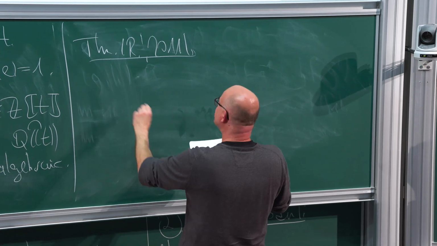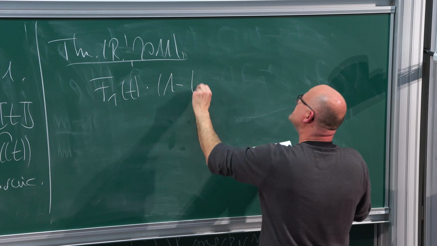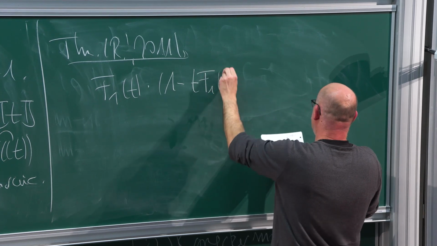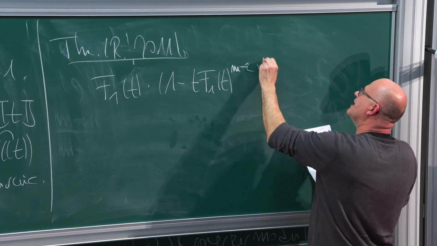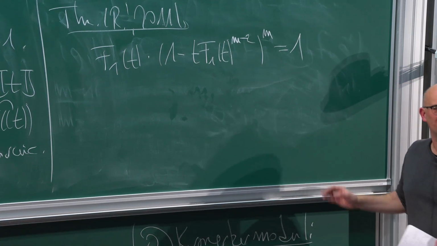Here's a functional equation for F1: F1 of t times (1 minus t F1 of t to the m minus 2) to the m equals 1. That's the kind of functional or defining equation.